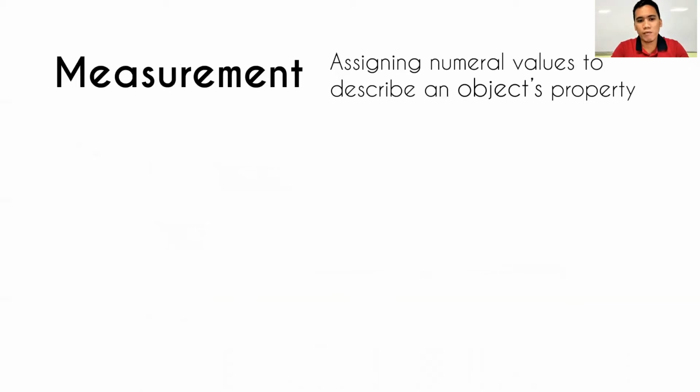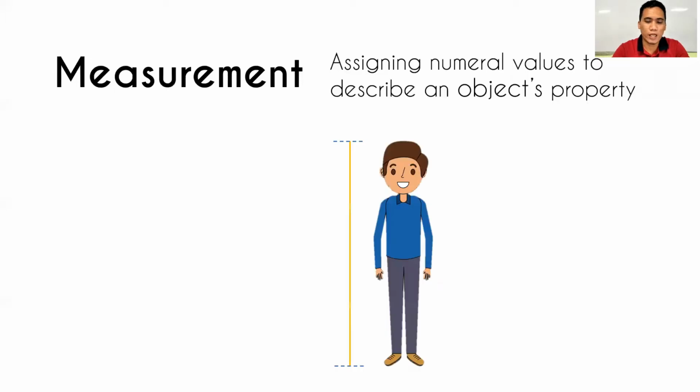Okay, so when we say measurement, measurement is the assigning of numeral values to describe an object's property. So, to measure an object, we assign numeral values so that we will be able to describe the property of that particular object. For example, the height of a person.